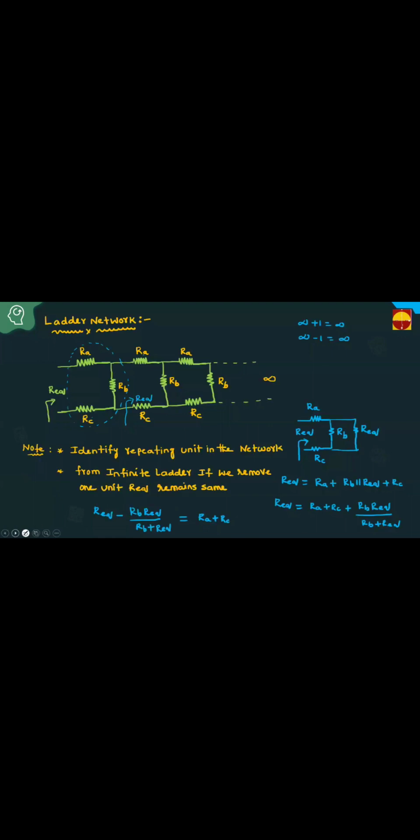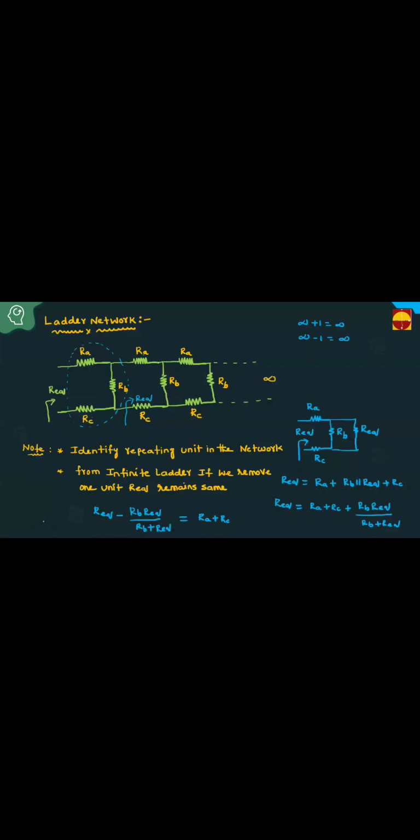This is R equivalent into RB plus R equivalent, cross multiplying this into this, minus RB into R equivalent is equal to RA plus RC into RB plus R equivalent.